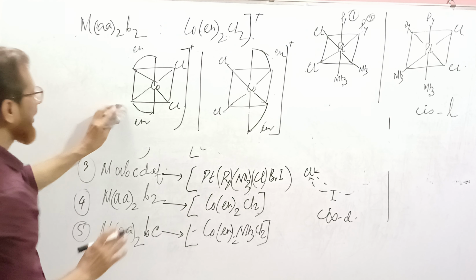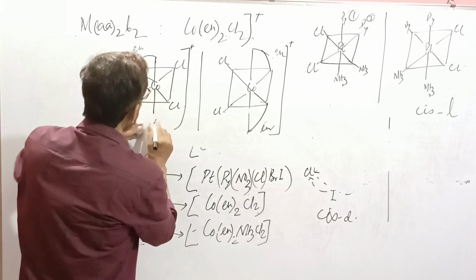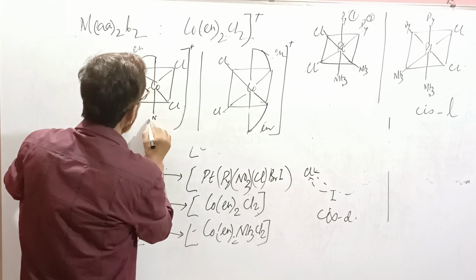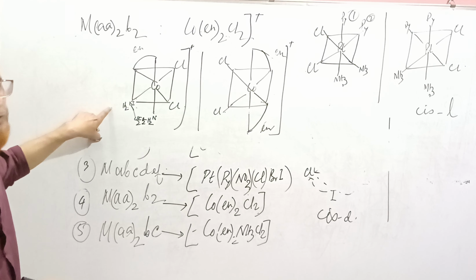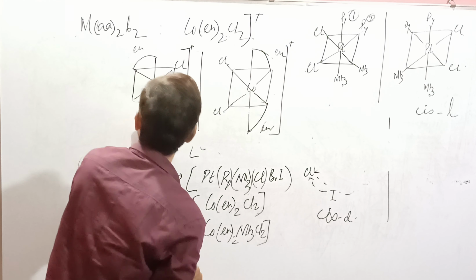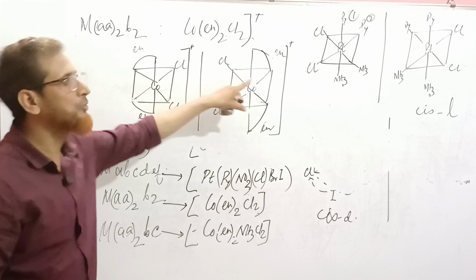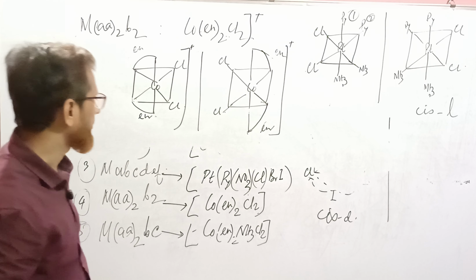I have not shown you the way of writing en, that is NH2 CH2 CH2 NH2. It is the way of linking. So in a very short way we can write it as en. Am I right? This is the way of writing. So that shows two optical isomers.